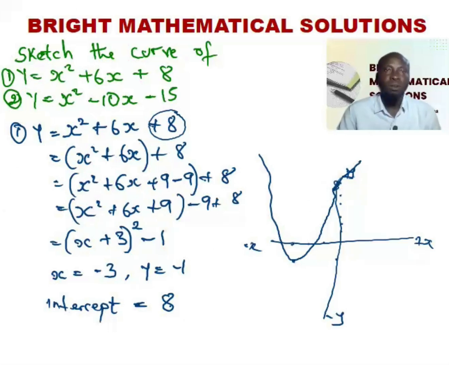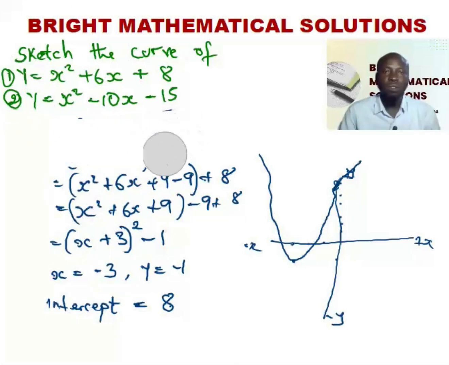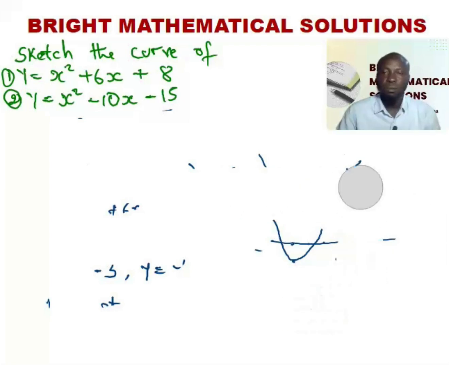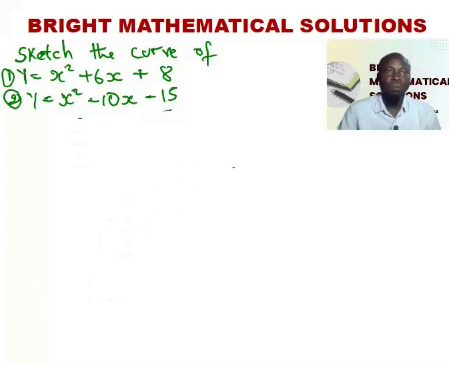Let's look at the second example, so you can see the clarity and the difference. We were given that y equals x raised to power 2 minus 10x minus 15.